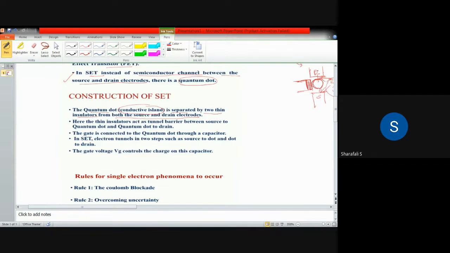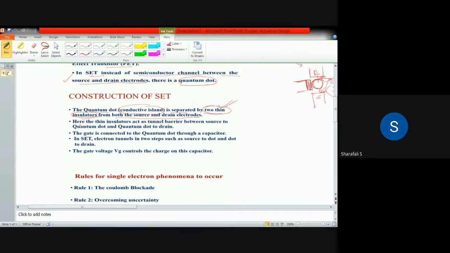There is some separation between the drain and source, which means they are not connected. We can use very thin insulators; even air itself can act as an insulator here, or any other material. Any thin insulator layer between these two, very thin, so that quantum mechanical tunneling can happen. That is the first thing we have to consider.